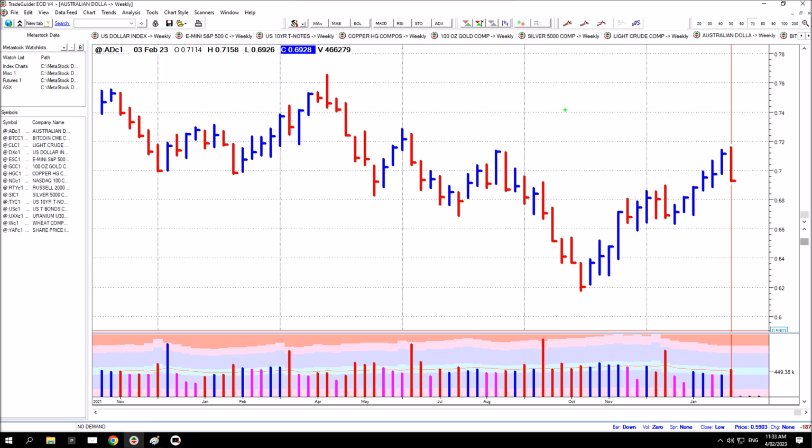Aussie dollar currency futures. Saw a breakdown back here and then some moderate buying support come in. A push up to this line as the weakness in the US dollar occurred.